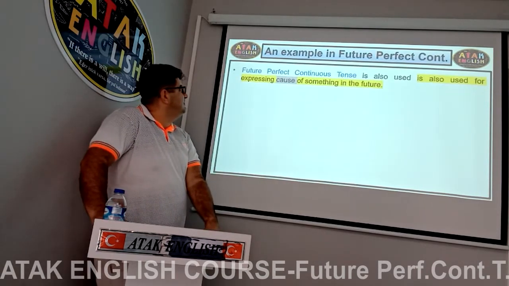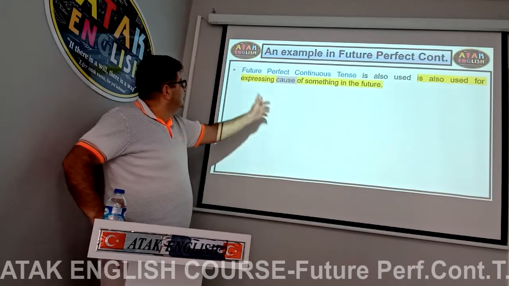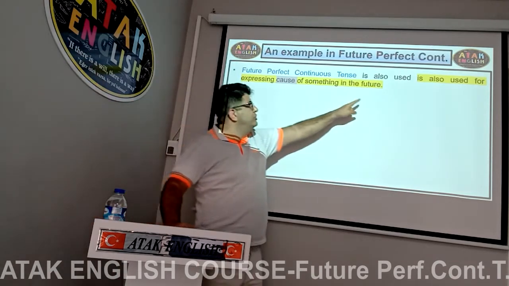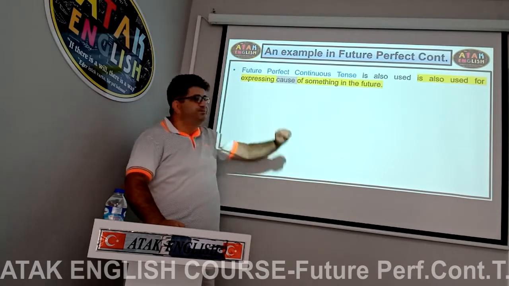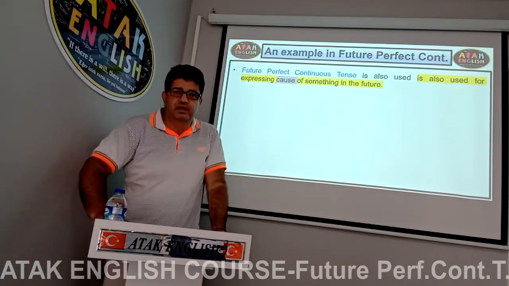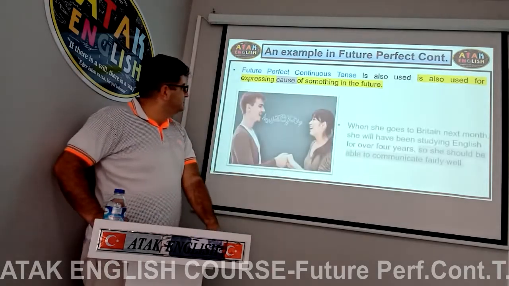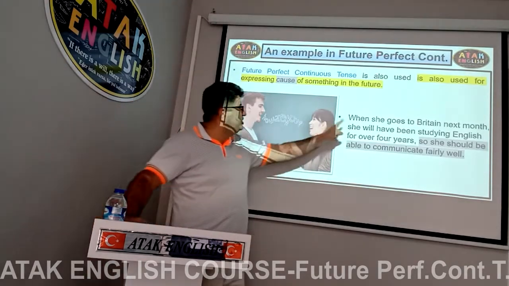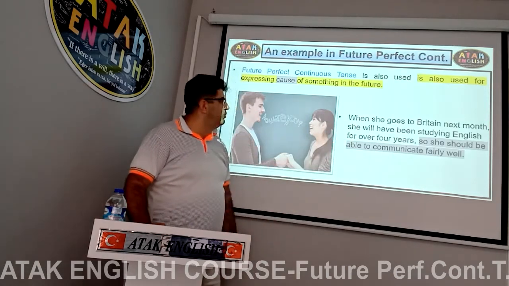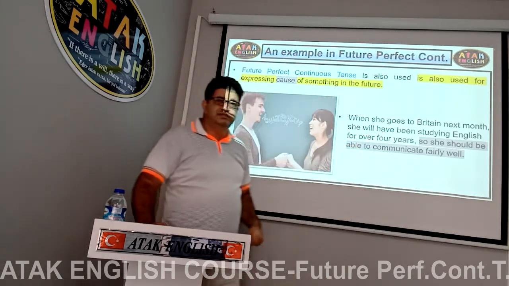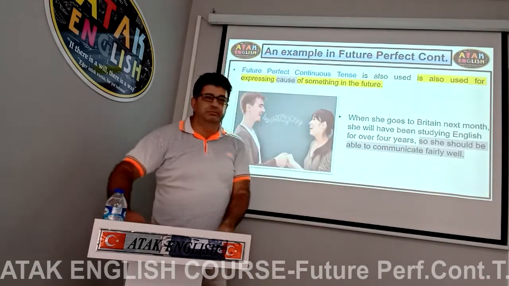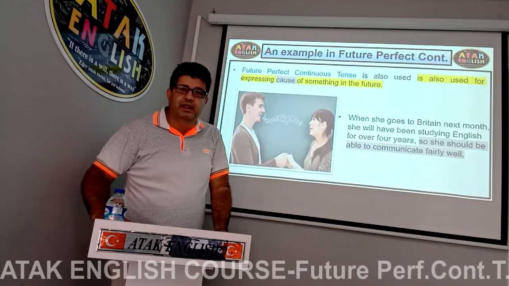Here comes another example, another definition again. Future perfect continuous tense is also used for expressing the cause of something. Here comes our example. When she goes to Britain next month, she will have been studying English for over 4 years, so she should be able to communicate fairly well.